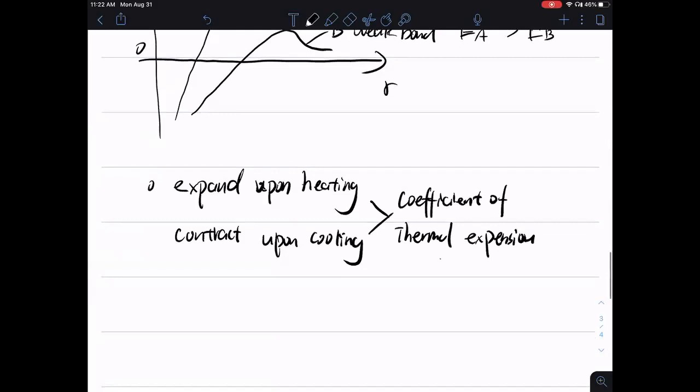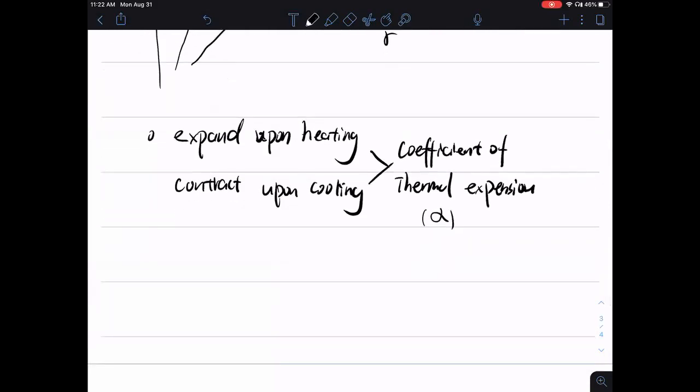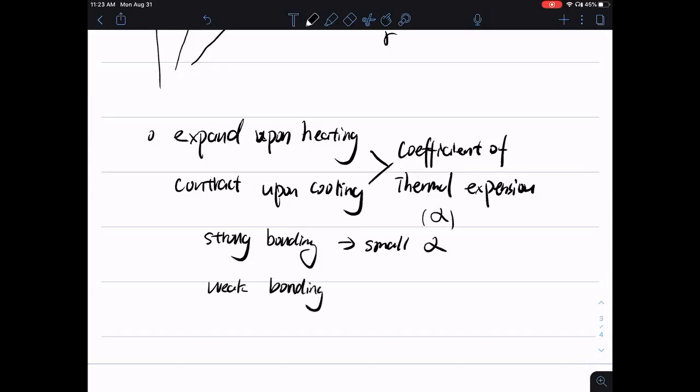We use alpha for the thermal expansion. If a material has a strong bonding, that will lead to a small alpha value. And if you have a weak bonding, it will lead to a large alpha value.